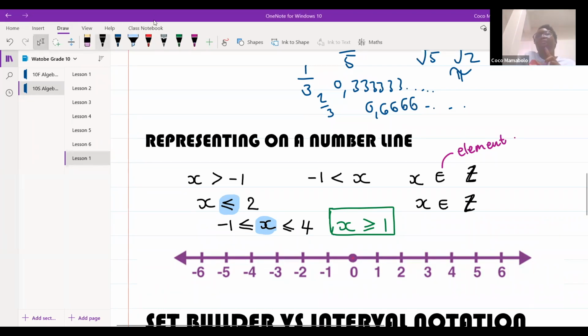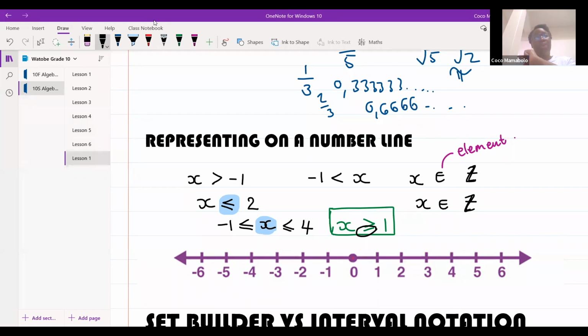Okay, you're correct. We're going to include 2, but remember this says x is greater than or equal to 1. So if x is equal to 1, where am I going to start? If x is equal to 1, I must start at 1 because they are equal, right?